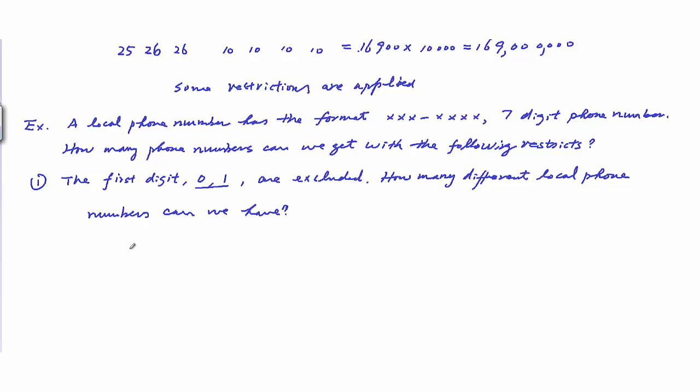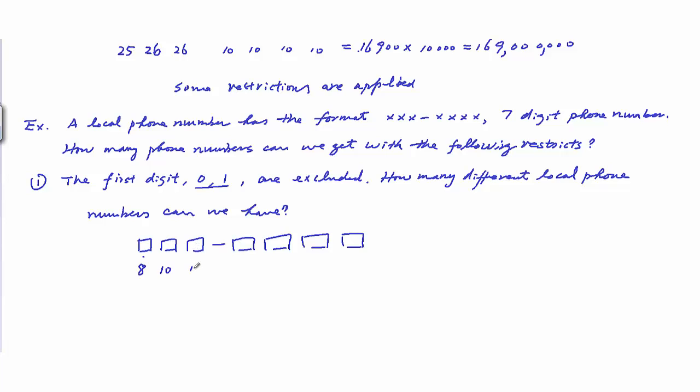You have 7 spots here for 7 digits. The first spot cannot be 0 or 1. Therefore, you only have 8 digits. And then the second spot can be any digit, so you have 10 options to complete the second spot.